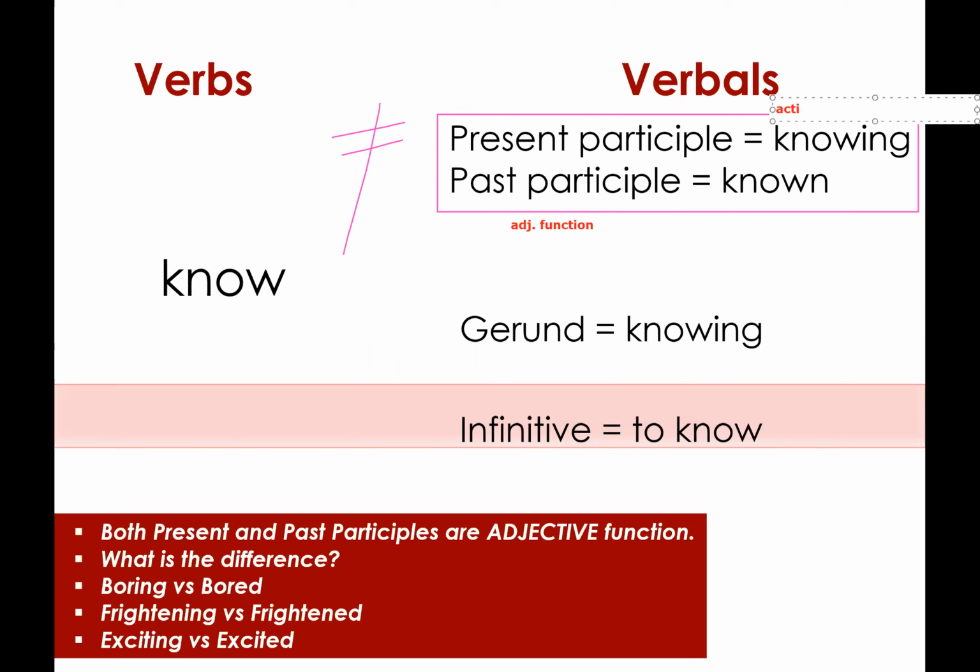The difference is a present participle is active. It is the thing or the person that is causing certain emotion or starting certain reaction, whereas past participle is passive, which is why it is often followed by the preposition by.